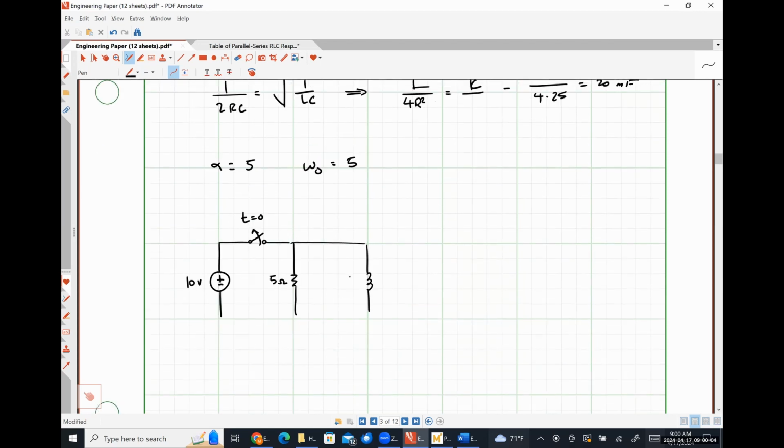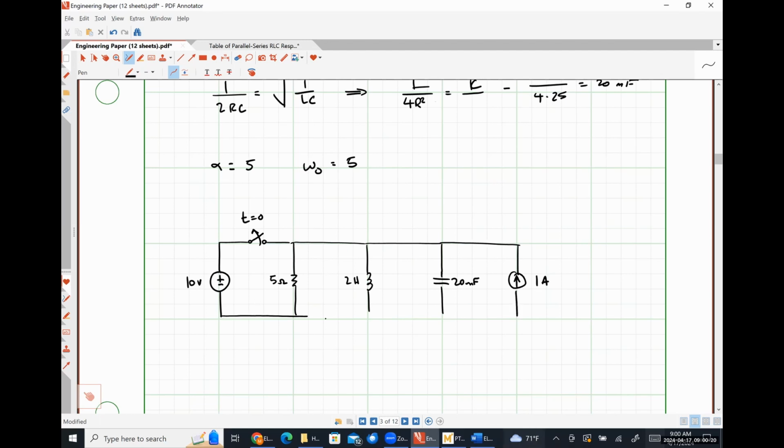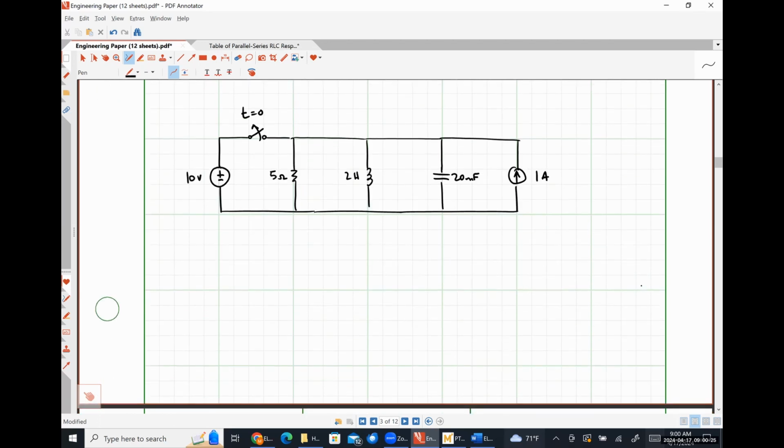Say 2 henrys, I think. All right, so there's our circuit.